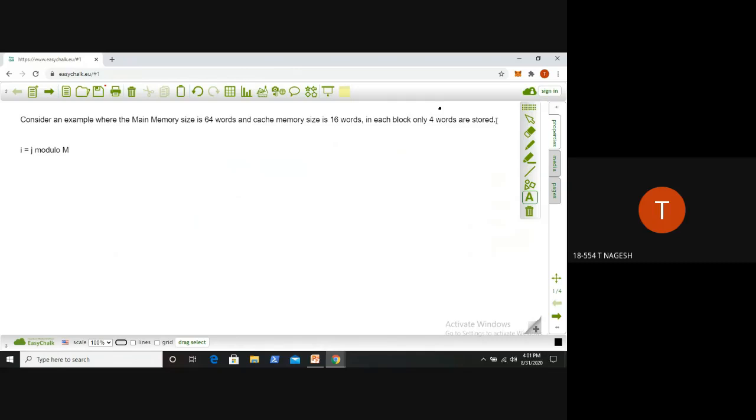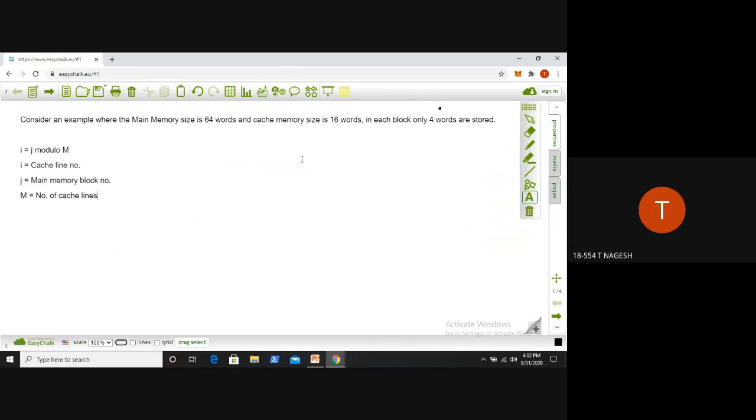Here you need to understand one thing. What is i? i is nothing but the cache line number, and j is the main memory block number. And capital M that I am specifying here is the number of cache lines.